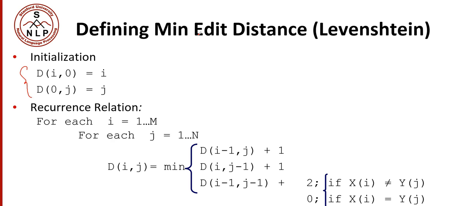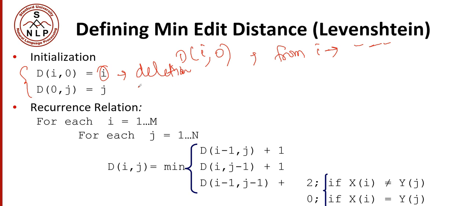Now, given this, the initialization of D(i,j) is what we need to perform. D(i,0) means that from x[1..i] to blank, we need in total i deletion operations.